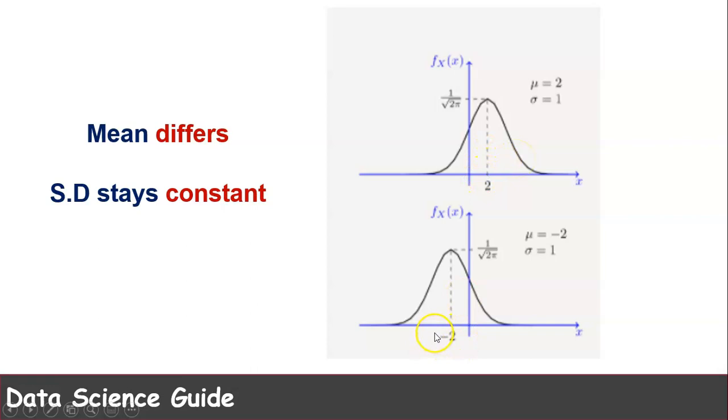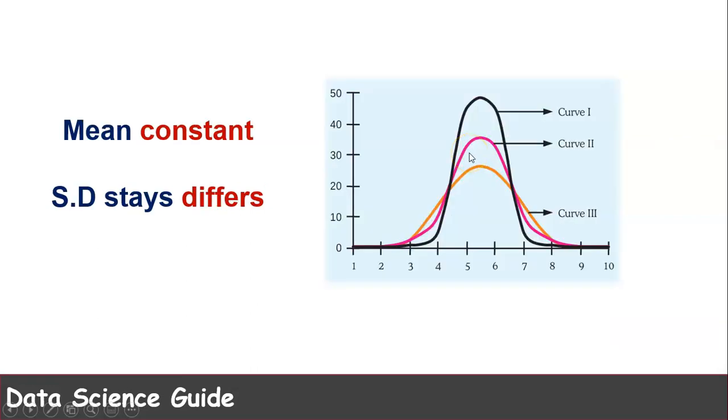And here we have another example where mean is constant but standard deviation differs. So that's why you don't see the curve move from its location. It stays in the same location. However, you find the width keeps changing because the standard deviation is different from case to case.